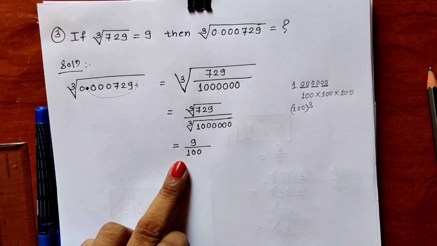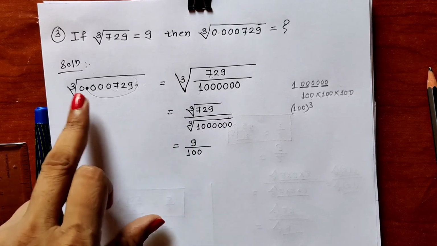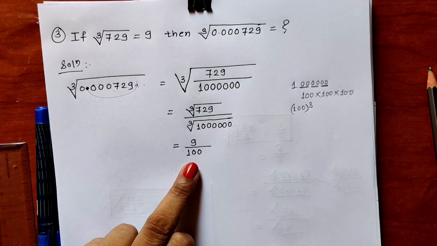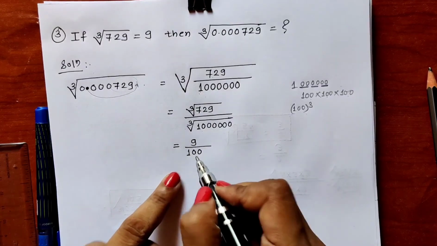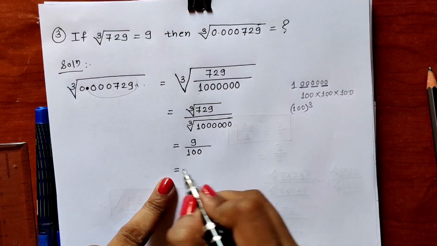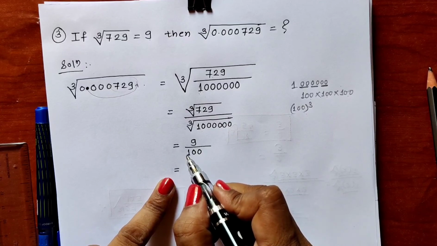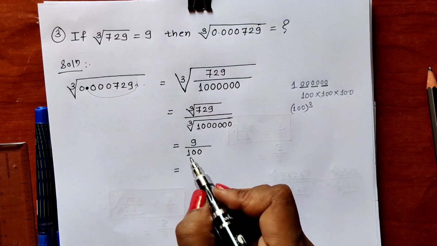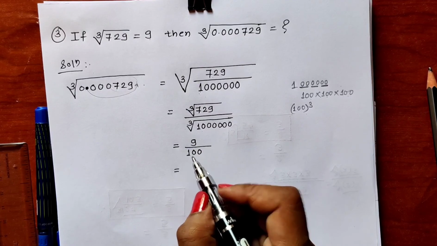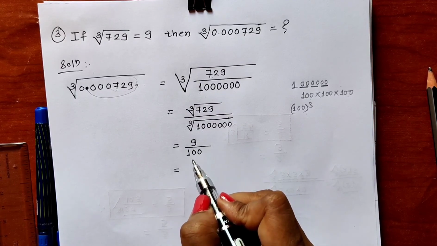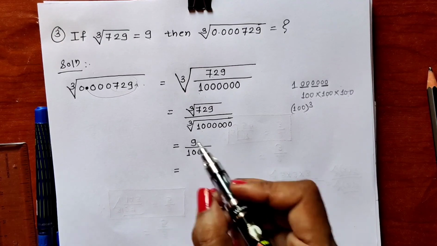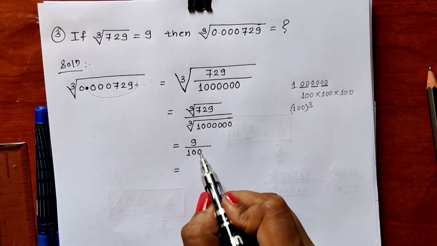Now we have got it in the simple fraction. As our question is in the decimal fraction, we have to convert it again into the decimal fraction. So 9 upon 100 means now we have to put the decimal point. Where to put the decimal point? As 100 is in the denominator, after the decimal point there should be 2 digits, because in 100 there are 2 zeros.